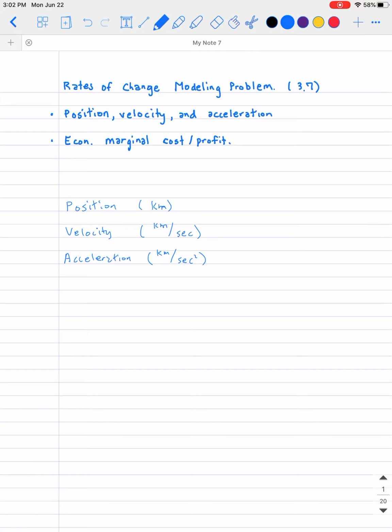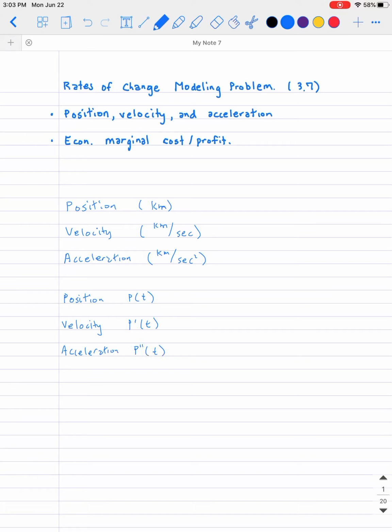So if you have a function for position, let's say it is a function of time, we'll call it P of t. Then the instantaneous velocity would be P prime of t, and the acceleration is its derivative, meaning the second derivative, P double prime of t.